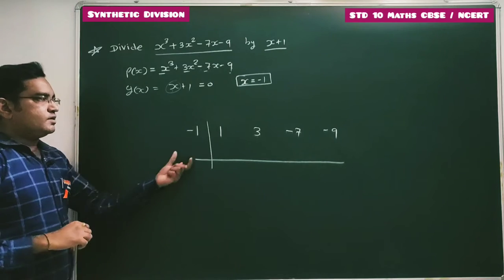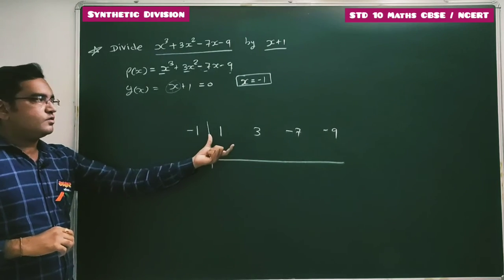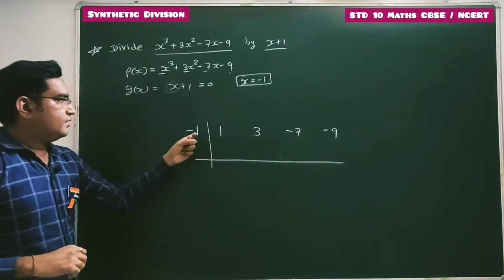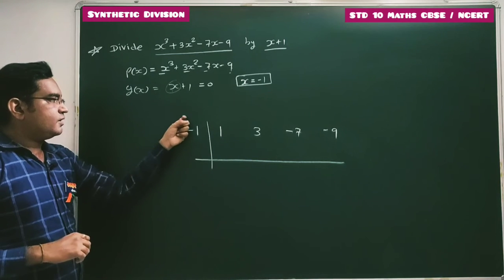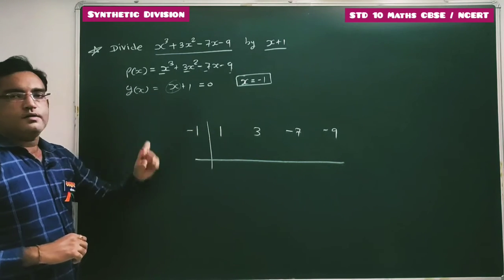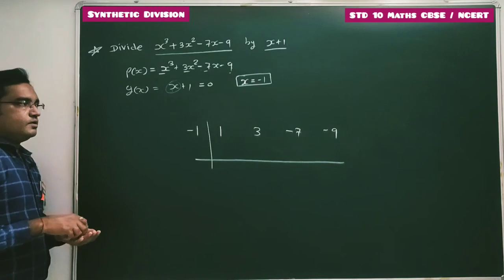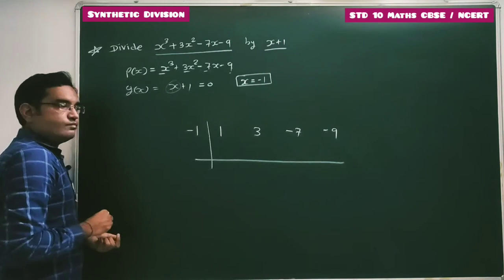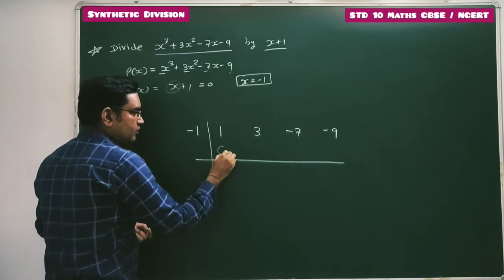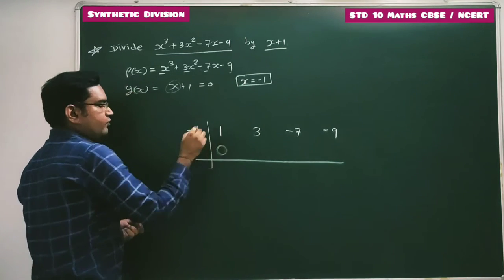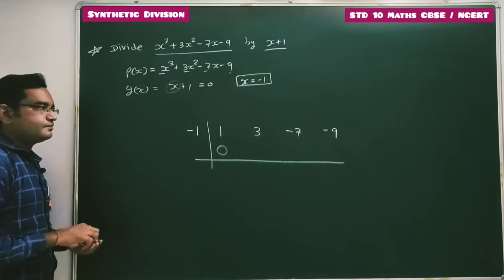These numbers are the coefficients of the dividend polynomial, and this is one number derived from the divisor polynomial. Then we start our synthetic division by adding 0 to the coefficient of the leading term.